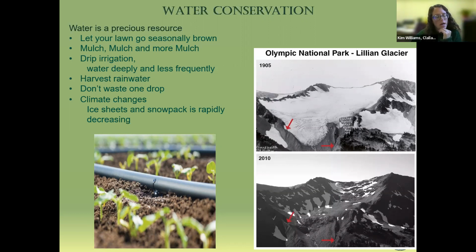We've had 119 glaciers disappear from the Olympic National Park within the last 100 years. So take a look at the Olympic National Park website at their glaciers. They have a ton of pictures like this side by side. It just gives you a good understanding of what's happening to our water and water resources.